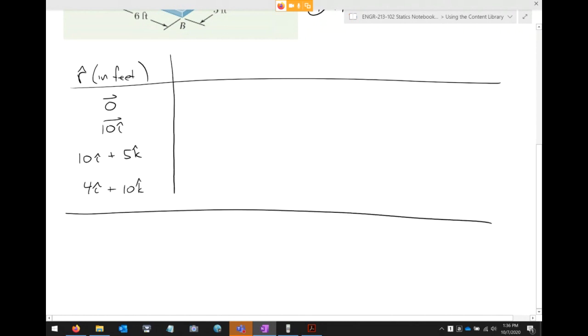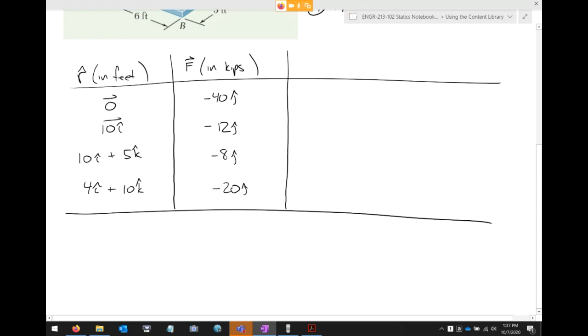And then we're going to have our force vectors, and our force vectors were going to be in kips. This is minus 40J, minus 12J, minus 8J, and this is minus 20J.